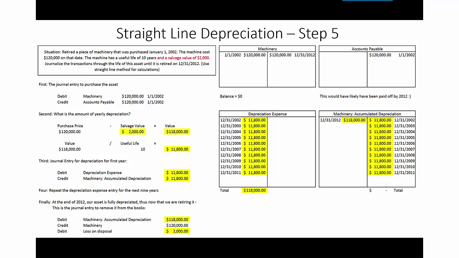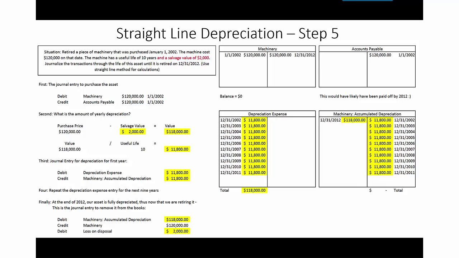Our accumulated depreciation has in it, for this piece of machinery, $118,000. So that's what we will debit. We will credit machinery, which has $120,000 in it. If we just did that journal entry, we would be out of balance. Journal entries have to balance, so we've got an extra debit of $2,000 that we need to account for.